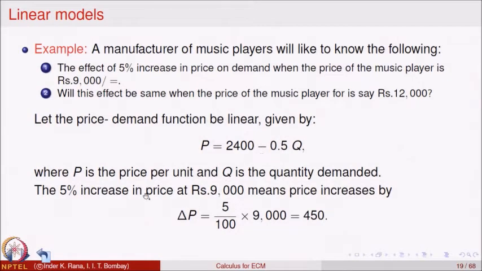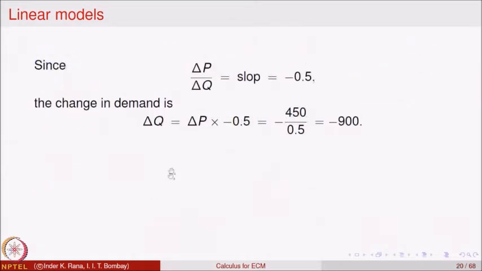So, that means the change in price divided by the change in demand, which is mathematically equal to the slope, is given by minus 0.5.